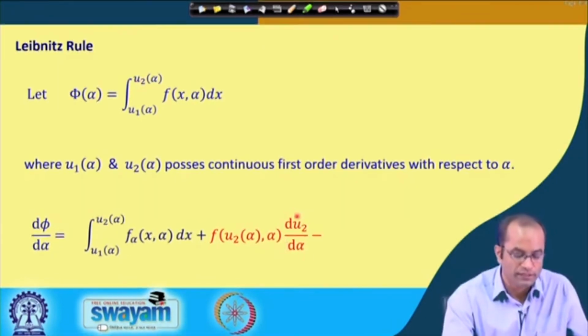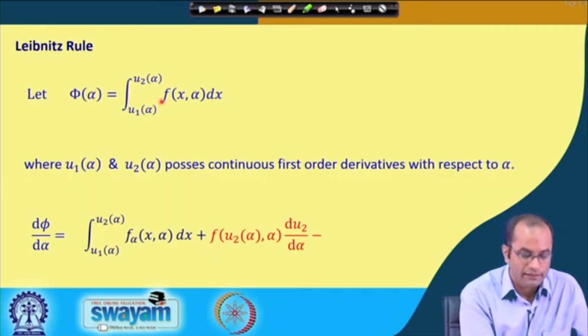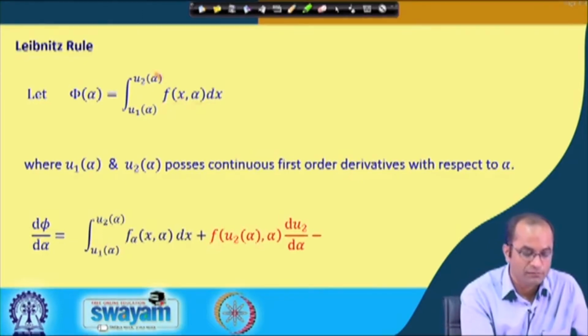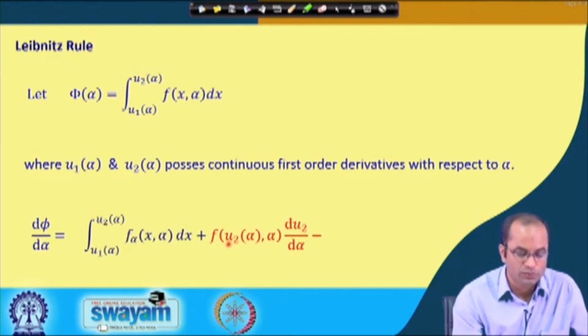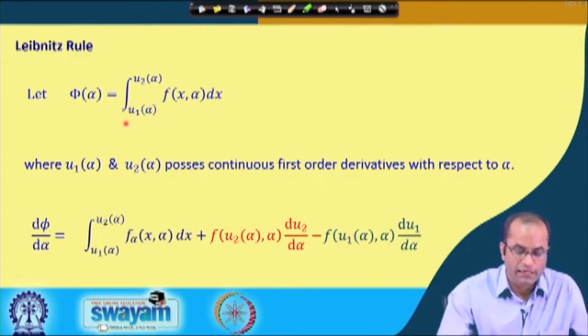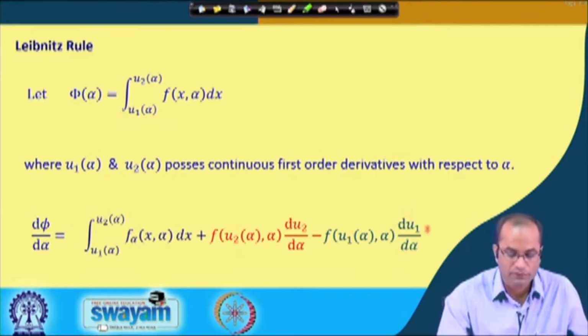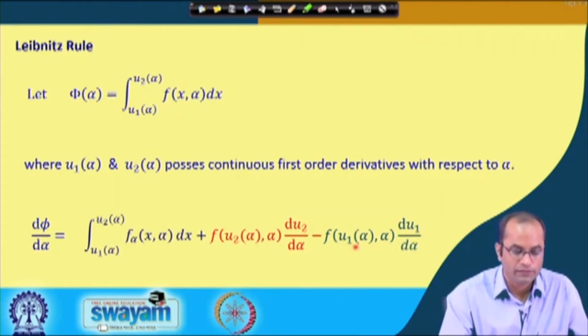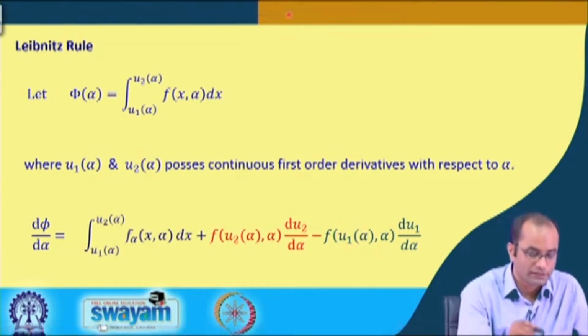And in the integrand, which was f(x, alpha), the x will be replaced by u2(alpha), and then minus, for the lower limit, again the derivative of the lower limit du1 over d alpha, and the integrand will now be evaluated at u1(alpha). So that is the rule, it is easy to remember.